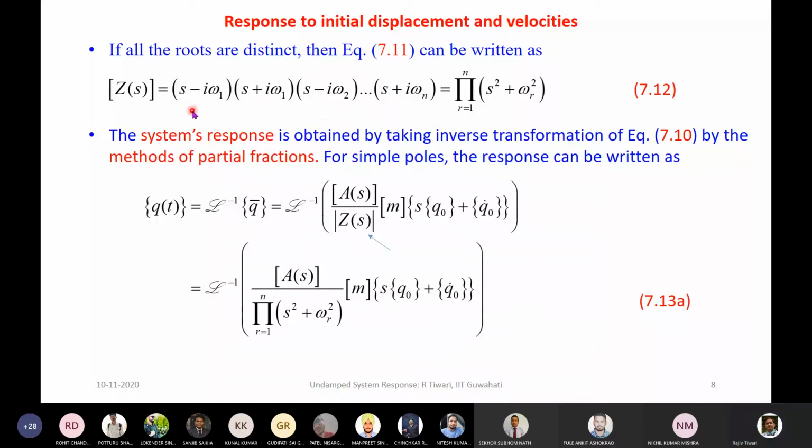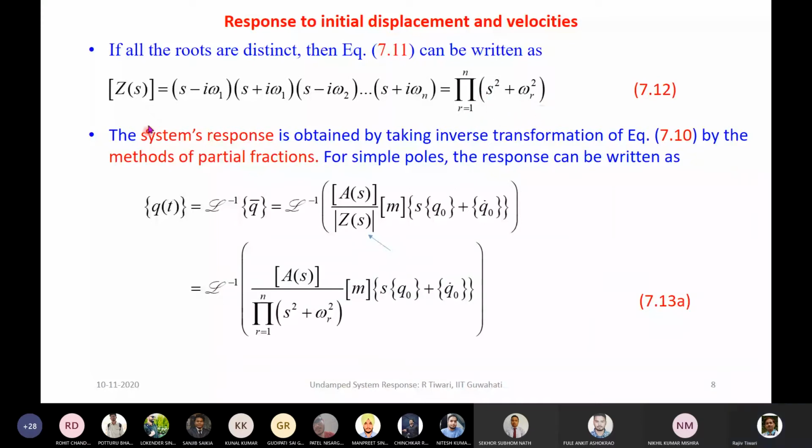And this capital pi is representing the symbol for the multiplication of these parameters. Like we have been writing the summation from r equal to 1 to n, here capital pi is representing that when we vary r from 1 to n, those terms are getting multiplied.